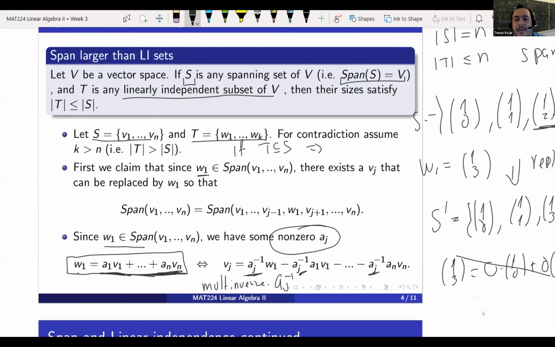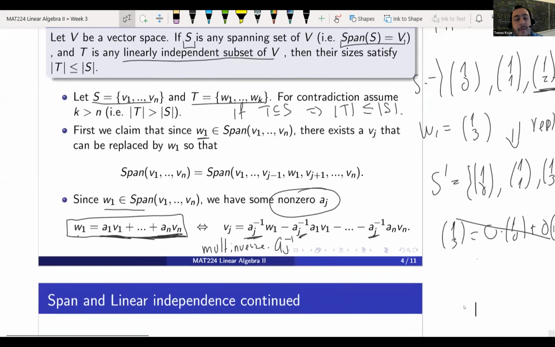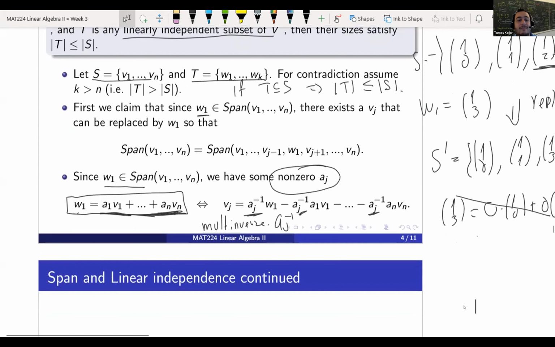If that was the case, then the size of T is less than or equal to the size of S. So we might not have that. We have to, in a way, put T inside the span of S. So we know W1 is spanned by these vectors because this is the whole space V.